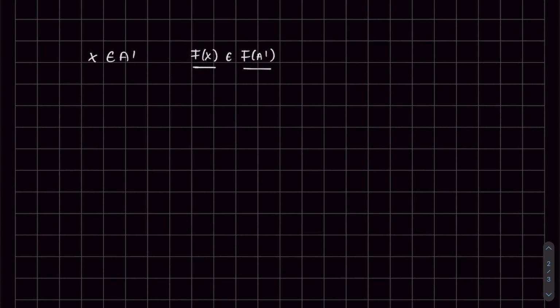This is quite intuitive, since if you have some set and you apply a mapping to it, let's call this A, let's call this the image of A, then the mapping applies to all the elements in A. So you can't leave one element out without applying the mapping to it.